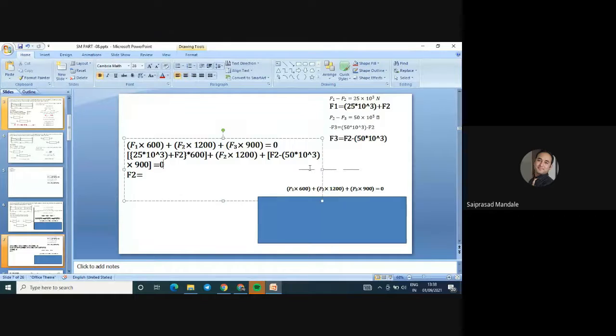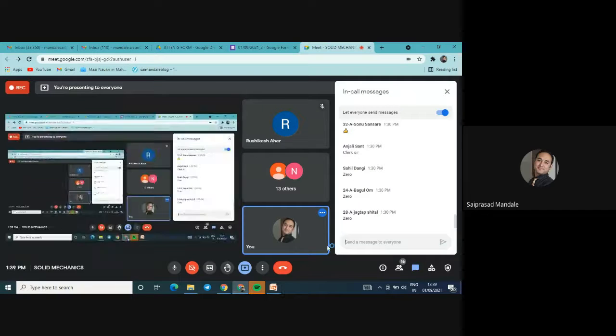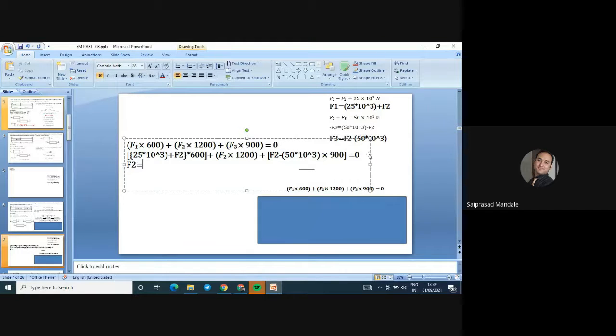Only some arrangement and rearrangement is there. Tell me the value of F2. Are you calculating or not? I'm waiting for answers.